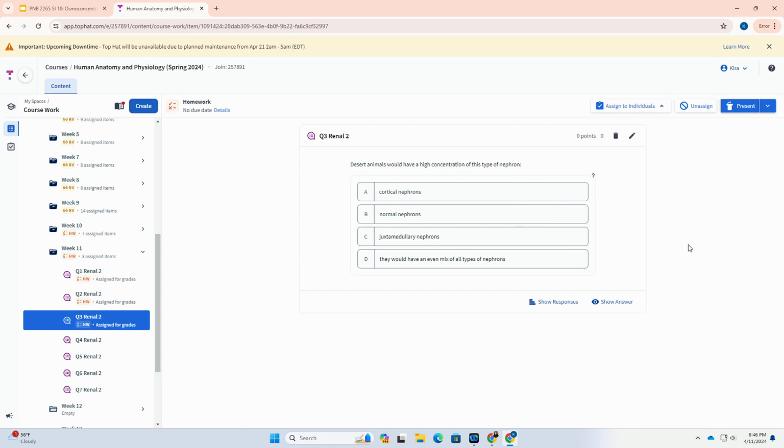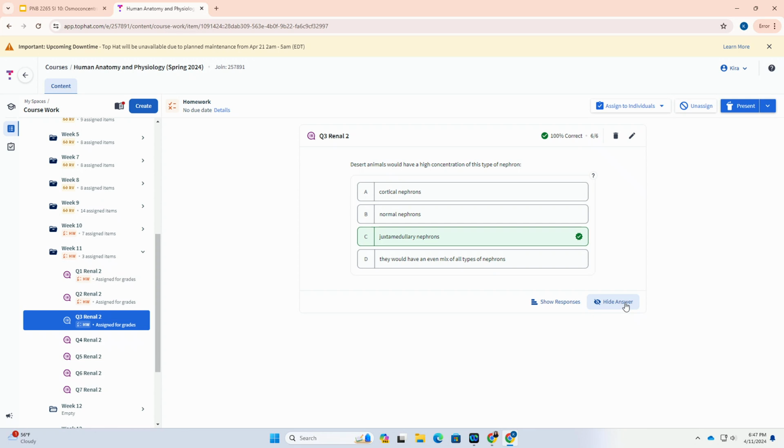Desert animals would have a high concentration of what type of nephron? Exactly.